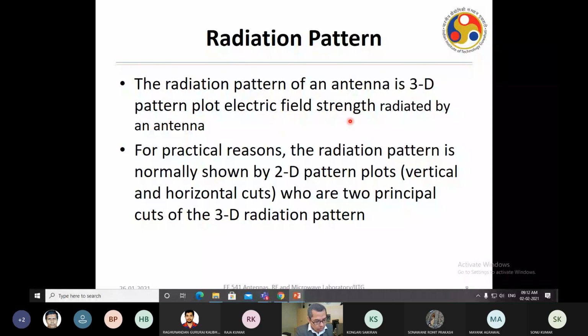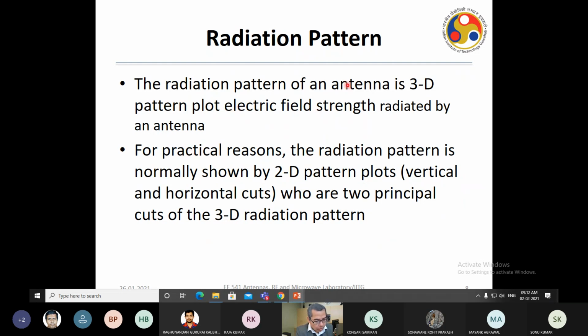You can similarly plot it for power because we are making measurements in the far field of the antenna, so you can directly find the power from the field strength because the power Poynting vector is half E squared by eta naught. So electric field and power are directly related. Once you plot electric field or power, it doesn't make much difference.